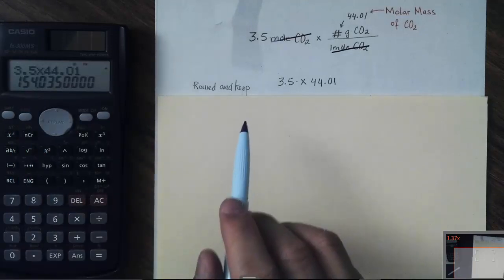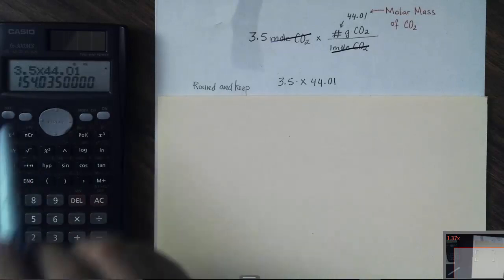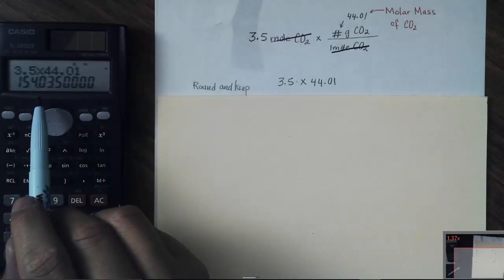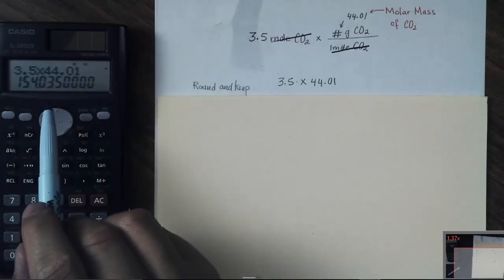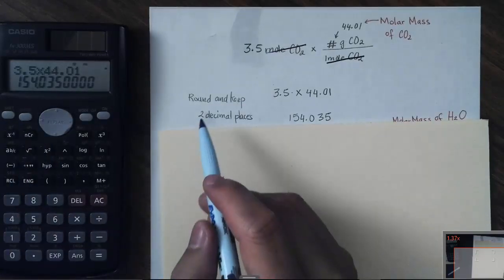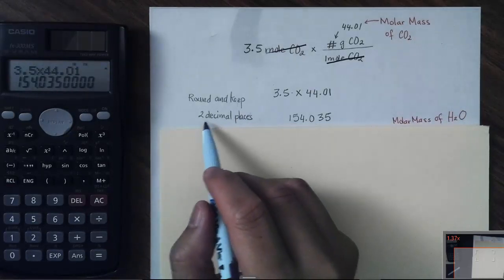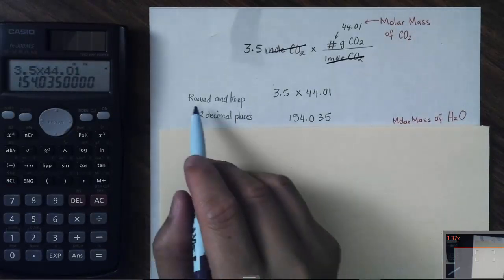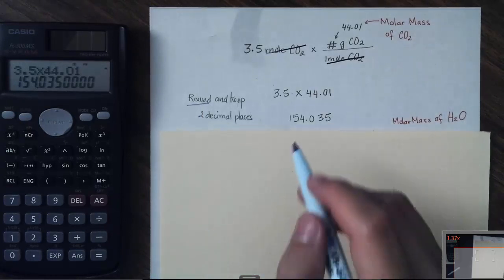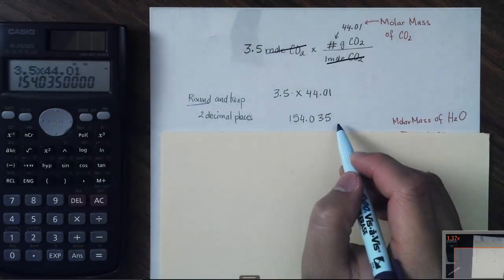So in most cases, the question will ask you to round and keep a specific number of digits or specific decimal place or significant digit. In this case, we are going to round and keep 2 decimal places. So I'm going to copy about 3 decimal places because we need to round at 2 decimal places. So I have 154.035.